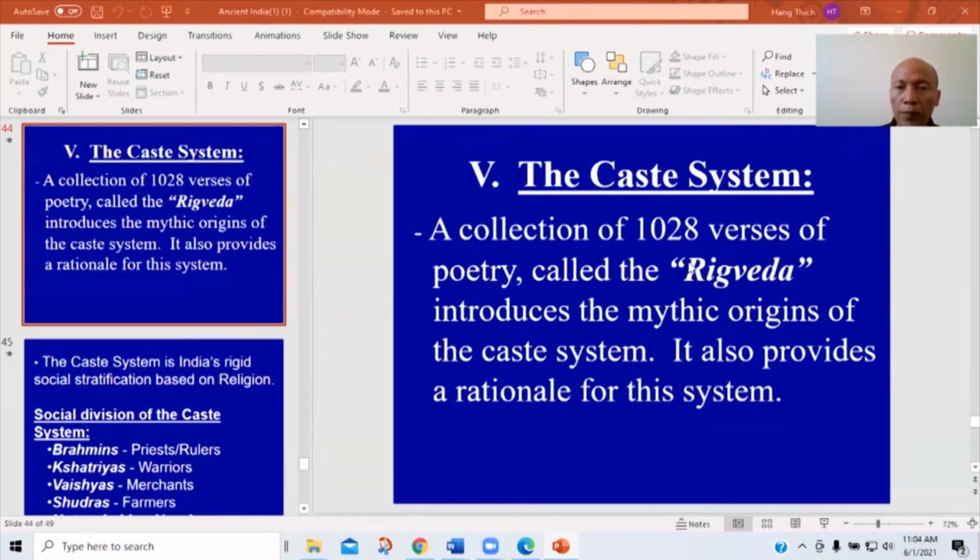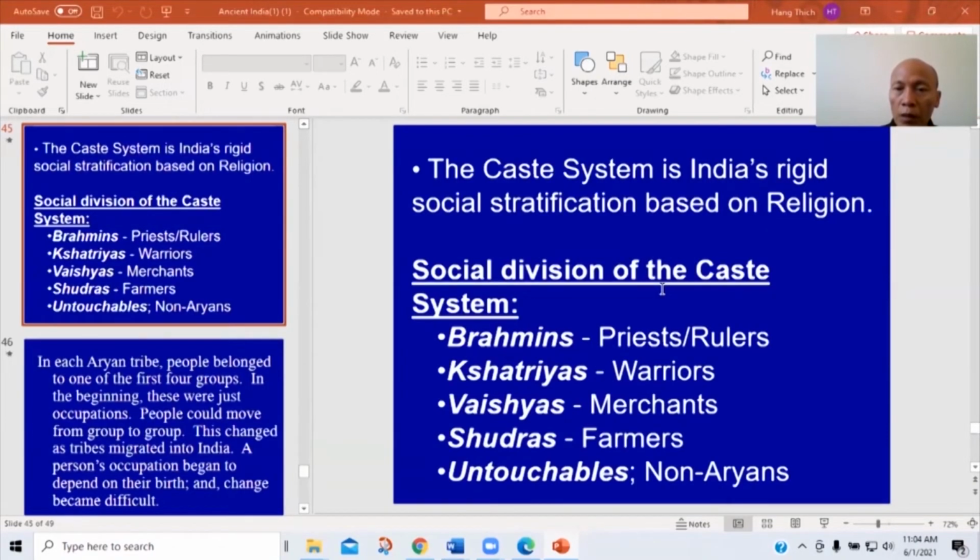And when we talk about the caste system, there was a collection of 1028 verses of poetry called the Rig Veda that talks about the original caste system. It also provides the reason for this caste system. Here again, like I mentioned recently, they based on this social division of the caste system to divide people.